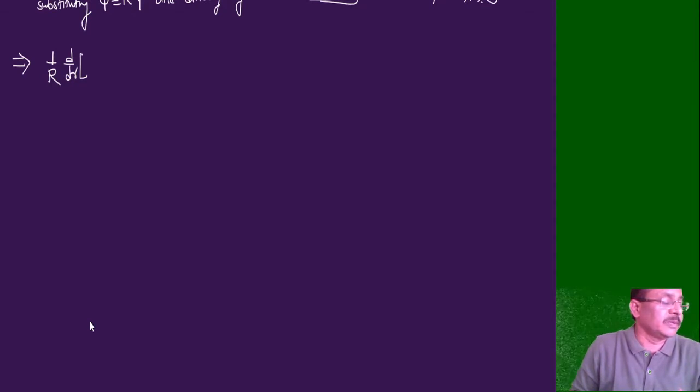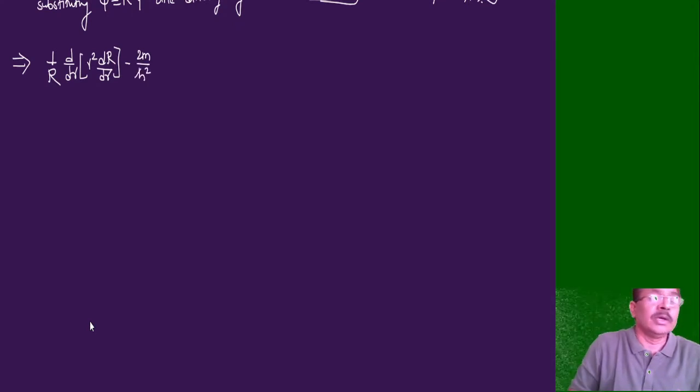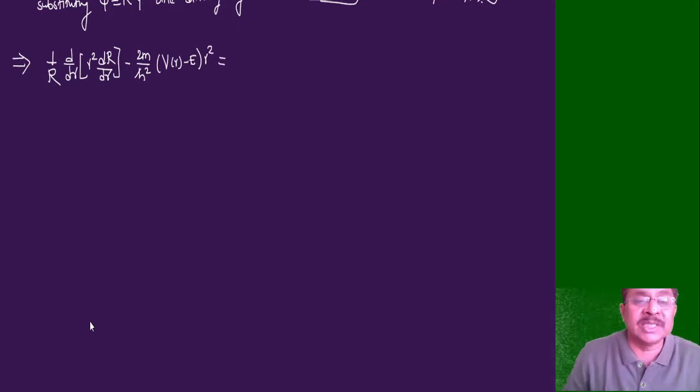This bracket gives, as usual, small r square into dR upon dr. This is my first term, minus 2m upon h cross square into (V of small r minus capital E) into small r square. This is the r part separated.